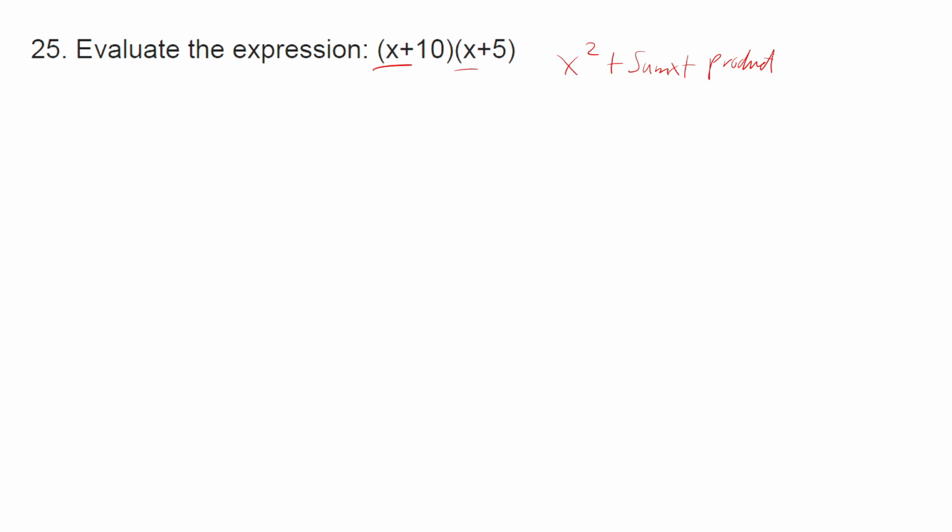So let's use the template. You put here x squared plus, what's the sum? Positive 10 plus positive 5, that is 15. Just put the x. And then next, what is 10 times 5? That is positive 50. And that's already our answer. That's so simple. Let's proceed.